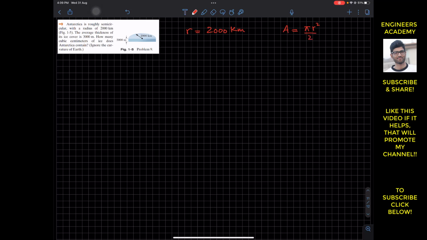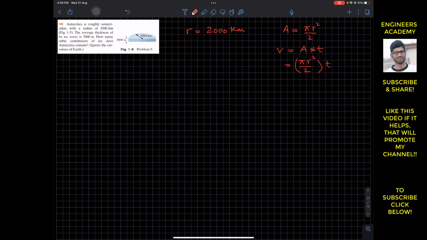To find the volume of the ice, volume equals the area times the thickness, so pi r squared divided by 2 multiplied by the ice thickness.